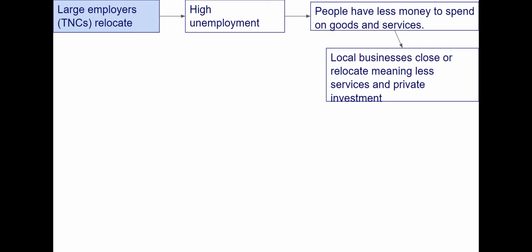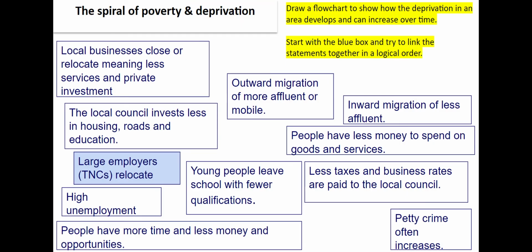Okay, so now your challenge is to finish that spiral and try and link in all of these other statements to explain why areas can become deprived and fall into poverty.